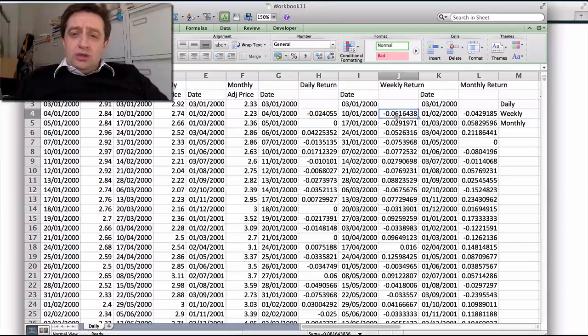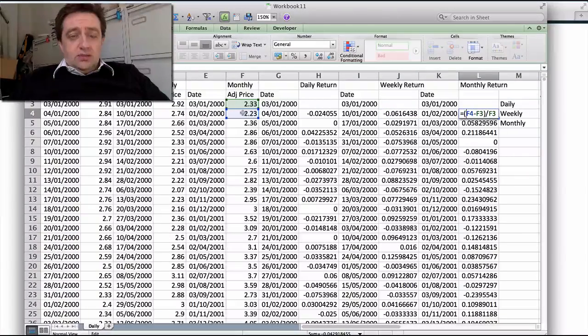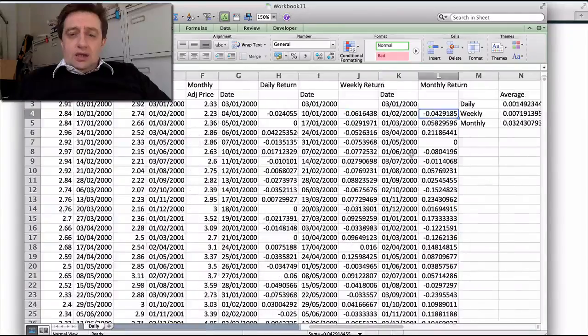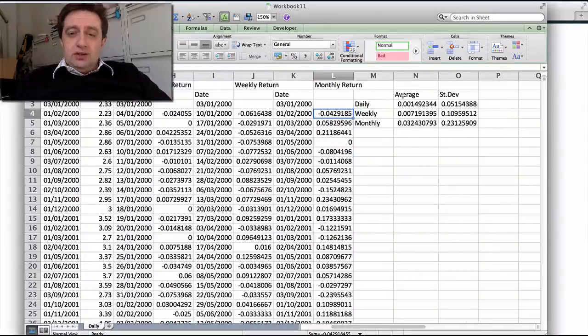We do it for weekly, and you notice that it's the same formula: the price at week 1 minus the price at week 0 divided by the price at week 0. And for monthly data, it's the price at month 1 minus the price at month 0 divided by the price at month 0. So that's us got the daily return series, weekly return series, and monthly return series.